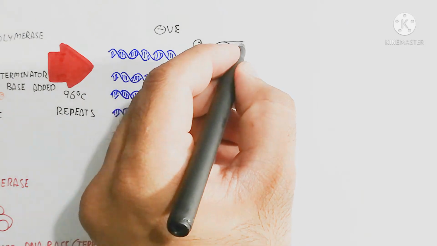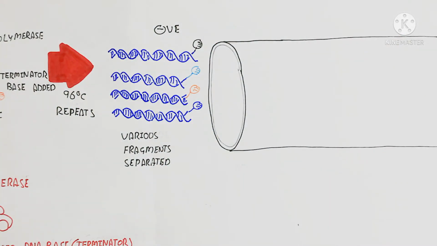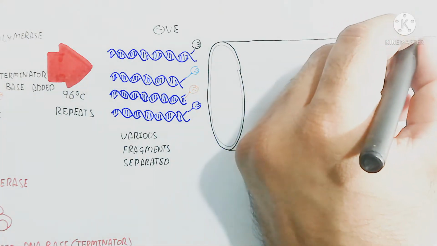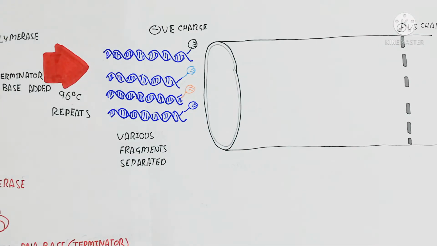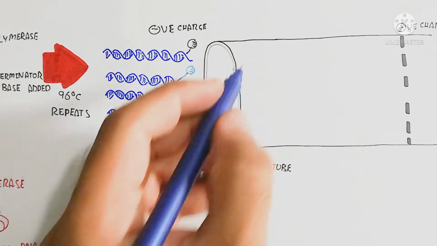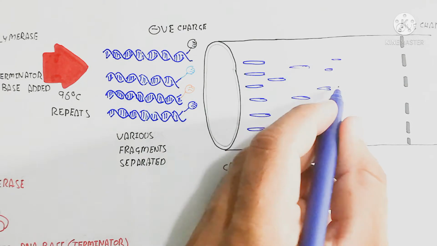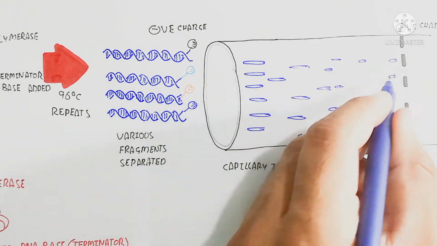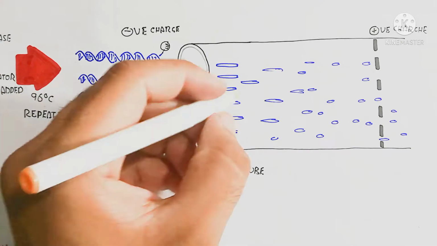So here the various fragments are separated, and the terminator base is added one by one at the end. It shows the color when it goes into the capillary tube of the electrophoresis. This electrophoresis contains an electrophoresis gel, through which the lighter and heavier DNA segments move.